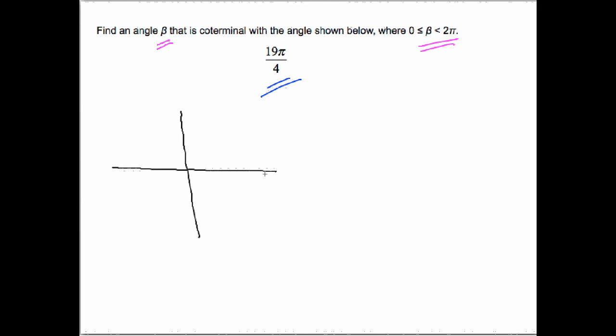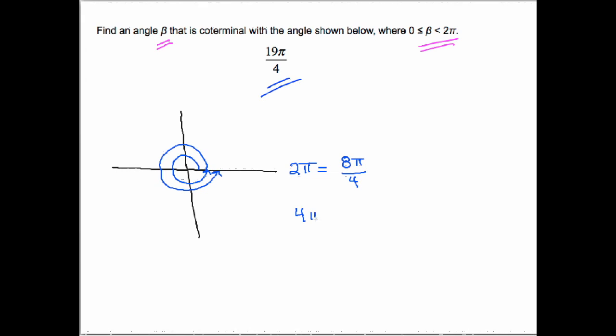So let's begin by sketching the angle 19 pi over 4. We rotate in the positive direction, a full rotation once around, that's 2 pi, with a denominator of 4, that's the same as 8 pi over 4. I have to keep my rotation going. I'm going to rotate a second time all the way around.